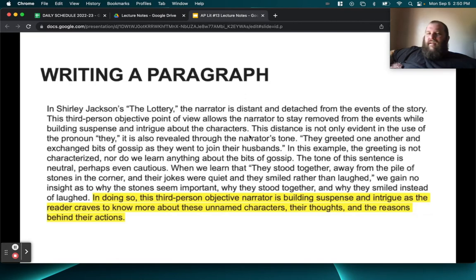Sometimes you'll hear terms like the reason or the reasoning. But basically, you make a point, you provide evidence for that point, you explain that evidence. 1, 2, 3. You do those 3 steps, and you got yourself a paragraph.